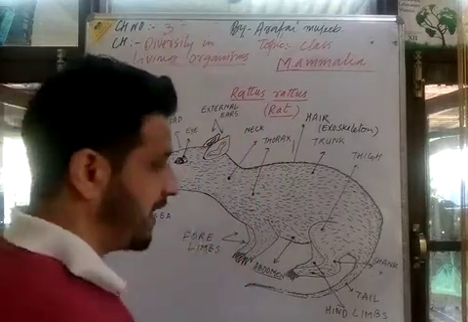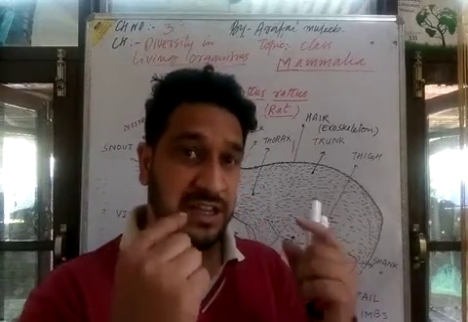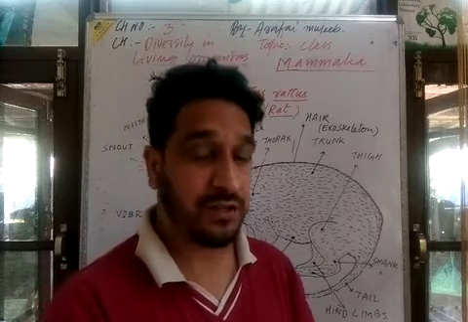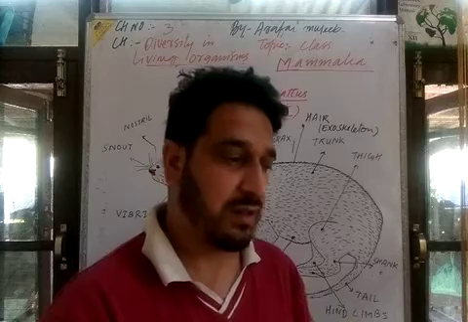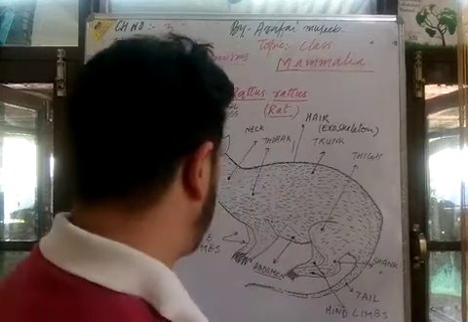They also have jaws, and those jaws bear teeth. This is one of the important features of the class Mammalia: jaws with teeth. Therefore they feed on solid food materials.